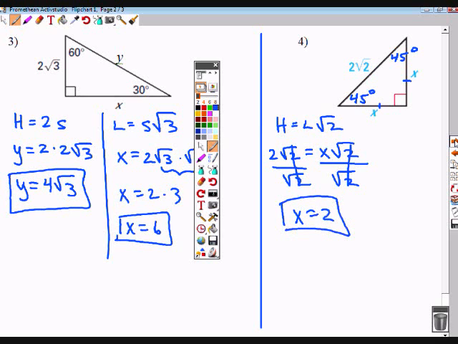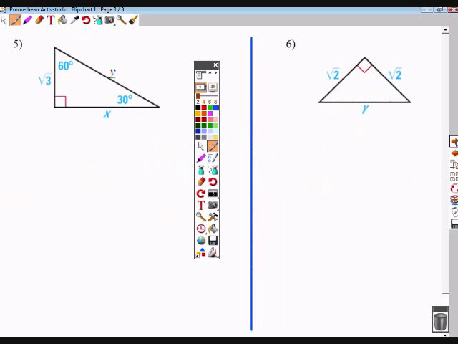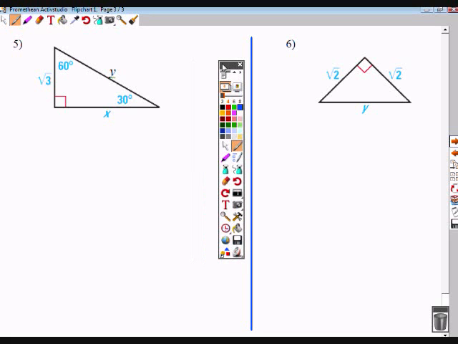All right, 2 more to go. Let's move. All right, 30, 60, 90 triangle here. Number 5, the question says find x and find y. So again, we have 2 unknowns. We are given the shortest, and we need the hypotenuse. I'm going to go to my formula, defined as 2s. Longest leg equals the shortest times radical 3.